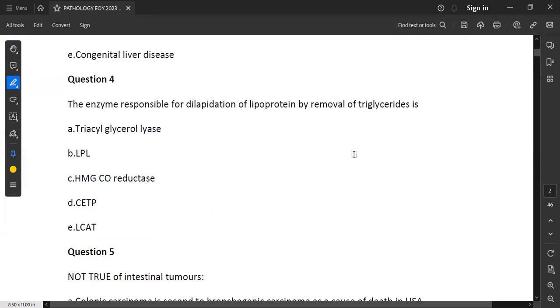Yes, LPL is B. It's lipoprotein lipase. Lipase, the ase ending, is for breaking down, so it breaks down the lipoprotein, removes the triglycerides, so it's LPL.